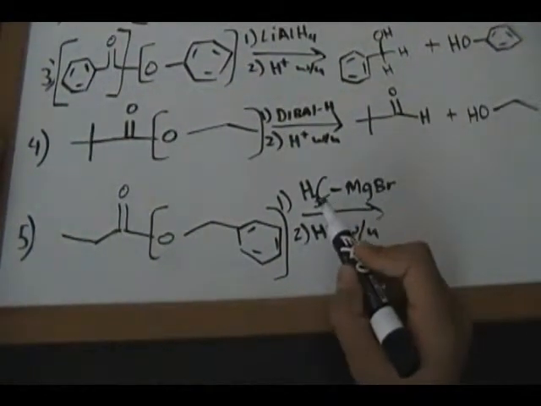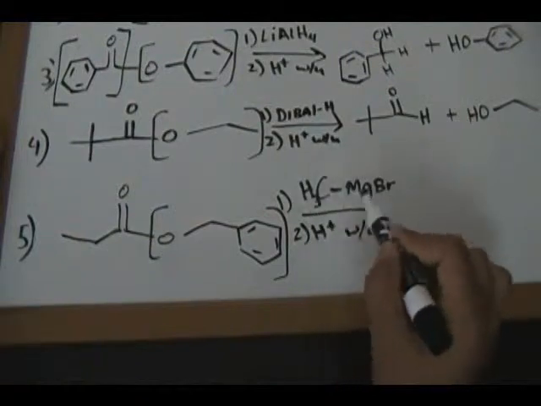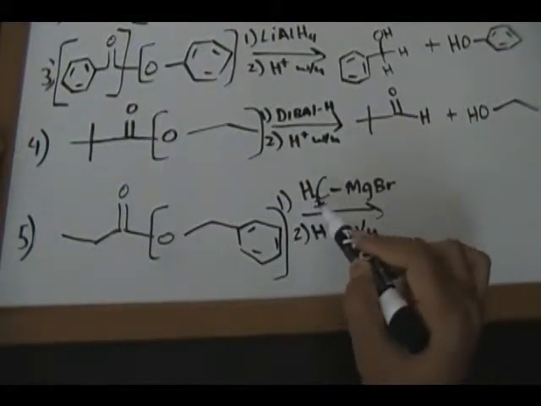And the fifth reaction, here we have an ester again reacting with the Grignard reagent. Specifically, the Grignard reagent is this organometallic reagent with the R group being a methyl group. Again, we form our alcohol from this piece, which I'll draw over here.